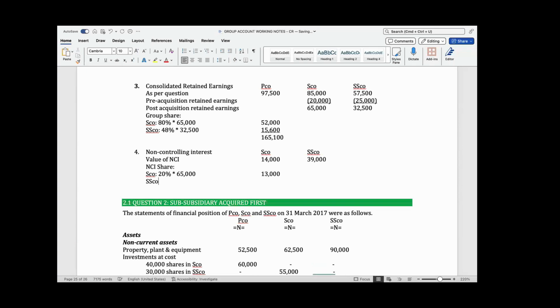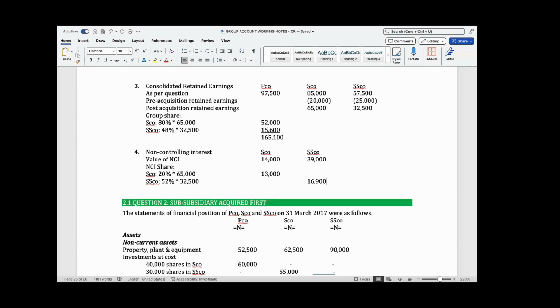And in SSCO, NCI will get how many percent? 52% times this post-acquisition retained earnings. 16,900. Now, this should be all, right?